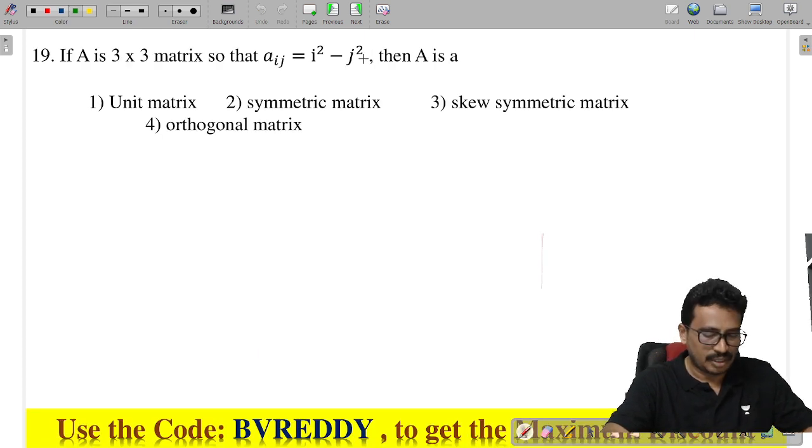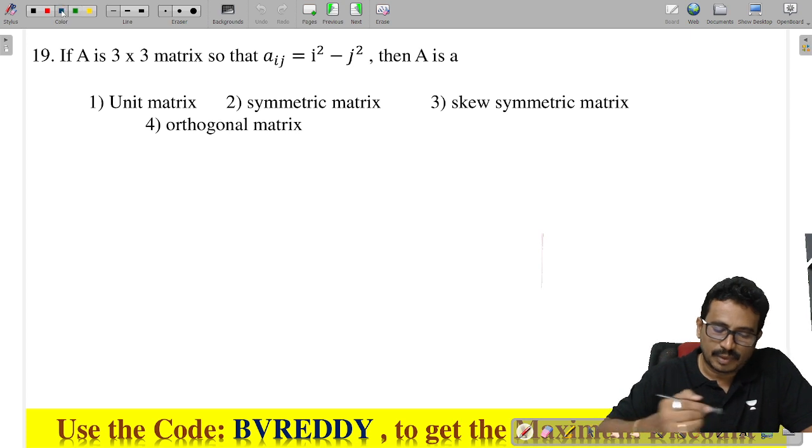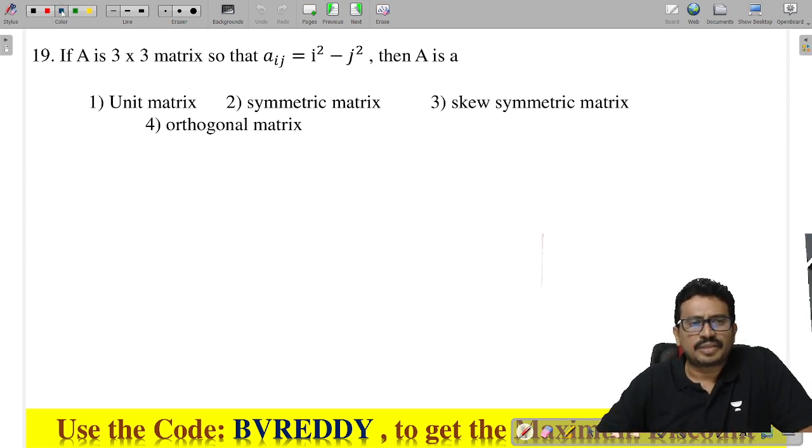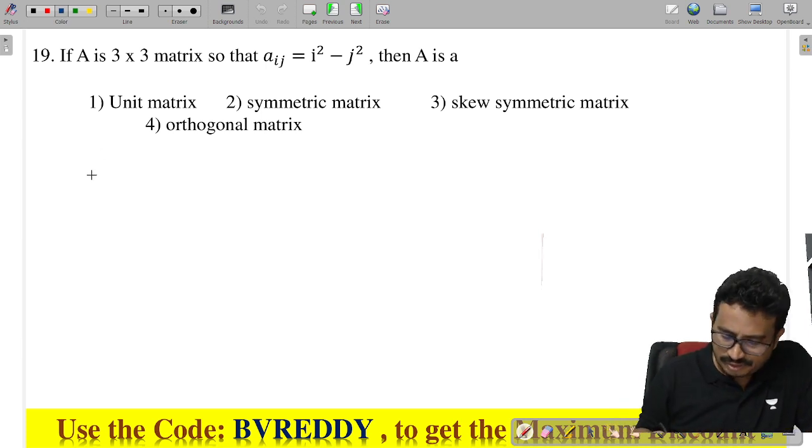Next, take the next column. A is given as a 3 cross 3 matrix, with a_ij given as i square minus j square.